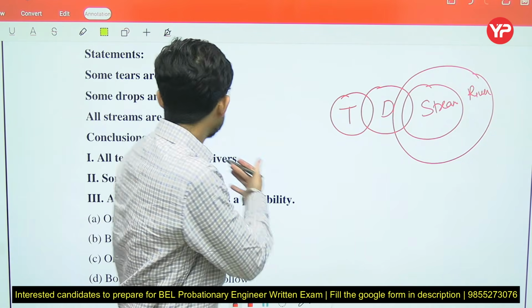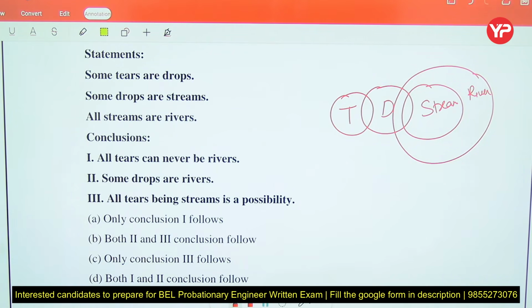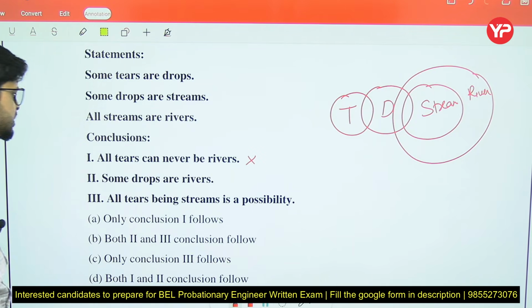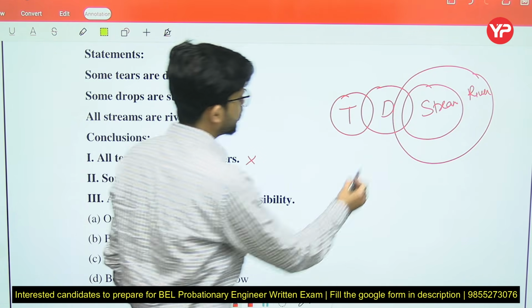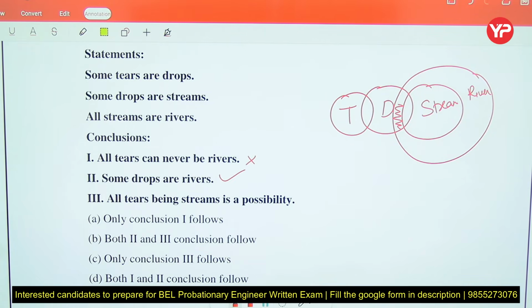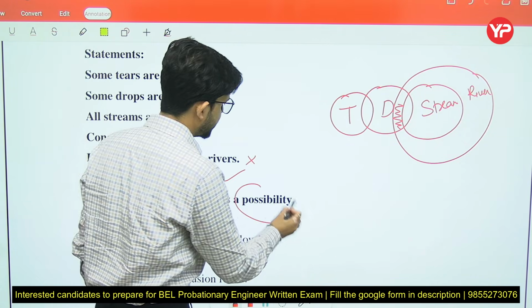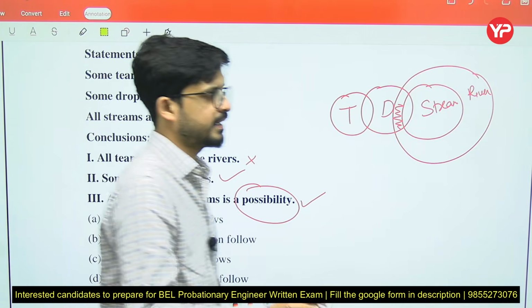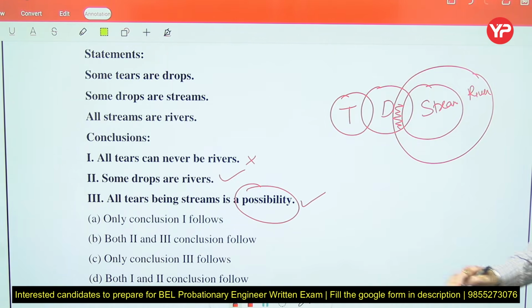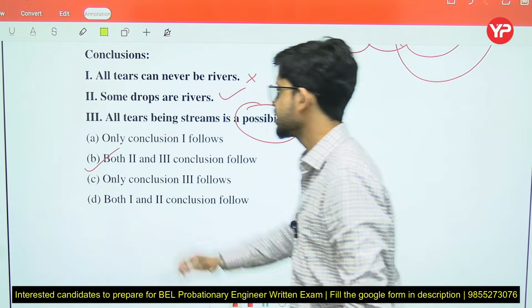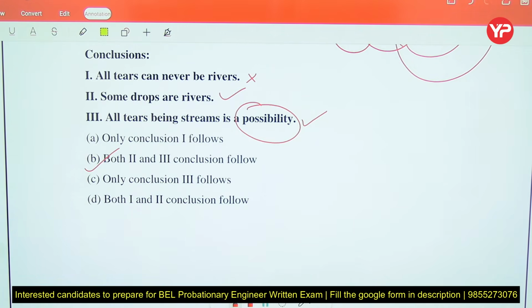We didn't get this from the statements. It is not that it cannot happen. So the first is wrong. Next, some drops are rivers. Yes, so the second is right. All tears being streams is a possibility. Whenever there is a possibility in the question, it will always be right, 99.99% it is always right. So our second and third conclusions are correct. So the answer is B. Both the second and third conclusions follow.